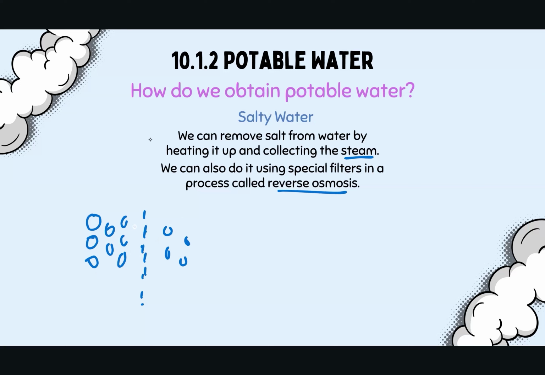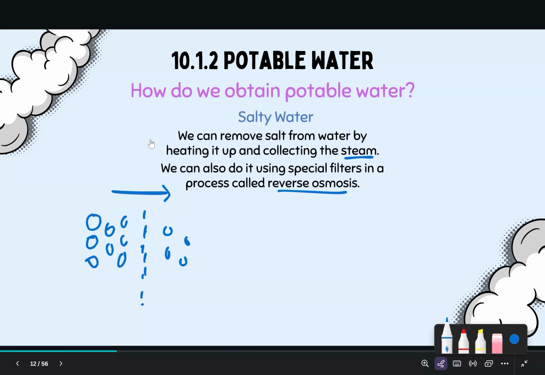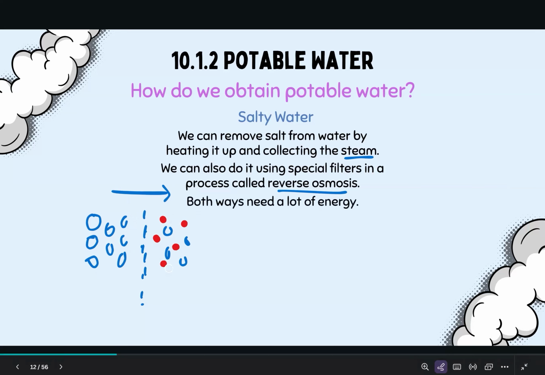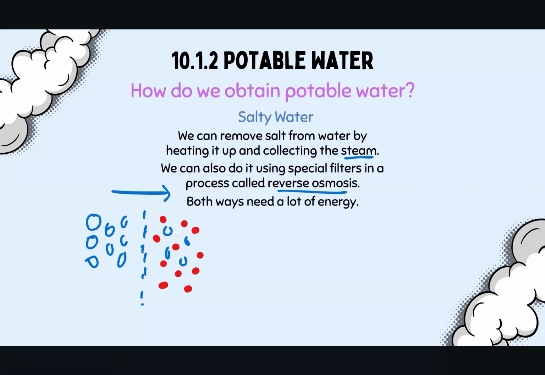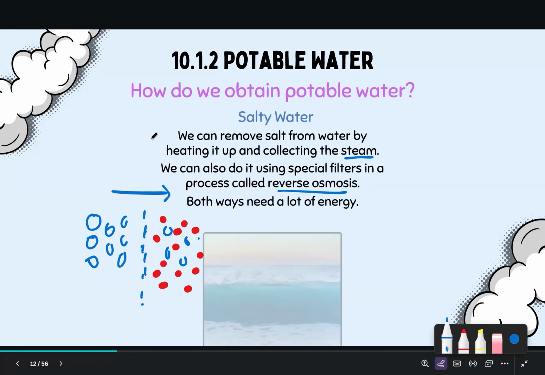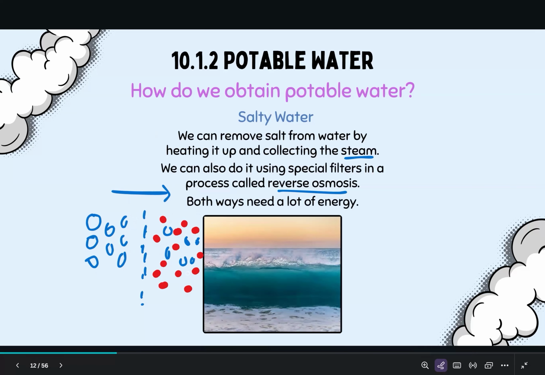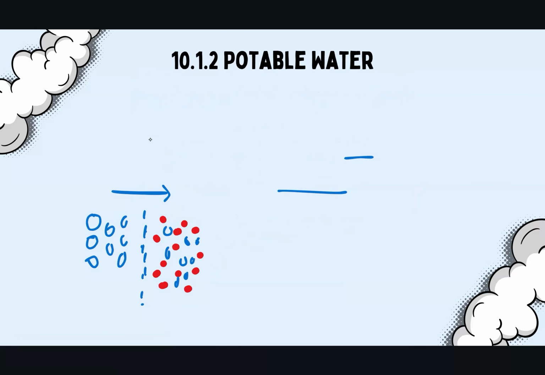Naturally, generally speaking, water will go this way. But the reason you've got less water on this side is because you've got more salt particles. So this side's got salt particles and less water. But we want that water to be separate from the salt. So what happens is, almost like a plunger type device, forces the water through, leaving the salt behind.